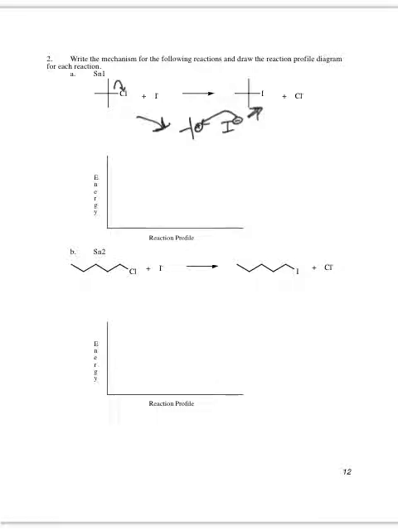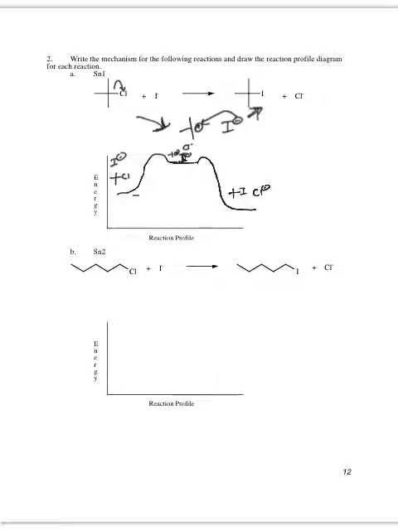So in this first reaction, we have our starting material, the alkyl chloride and the iodide, and the rate determining step is we have to get to the cation and the chloride and the iodide. And then it undergoes a much smaller activation energy to get to the product where we have the alkyl iodide and the chloride around.